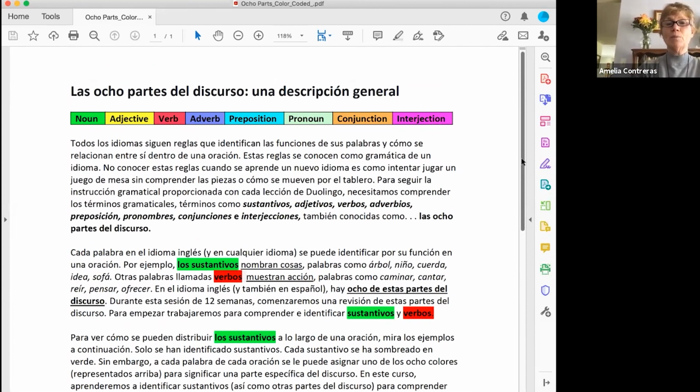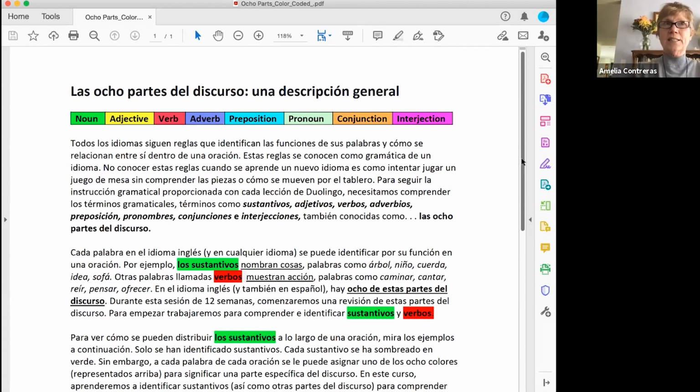Basically, this is a foundation of all grammatical study, because grammar is learning the rules of a language, and the 8 parts of speech are the words or definitions of the words that are contained within a language.